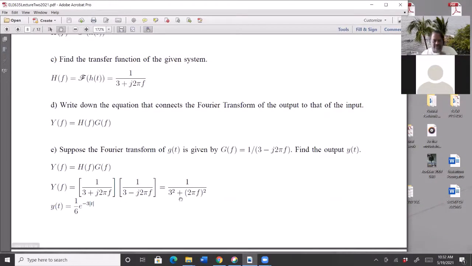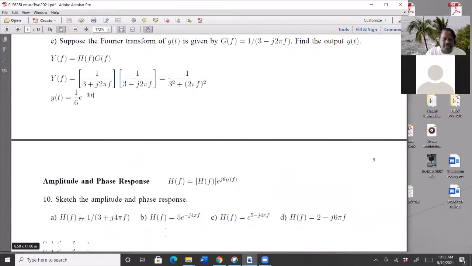So going from this one to y(t) is a very good exercise in going back and forth in Fourier transform very quickly, because often you have to multiply by constants, which most people are okay with. Sometimes when you have to divide by a constant, people get a little bit worried, because in the original pair there is 6 sitting here, but in my answer there is no 6, so I divide by 6.